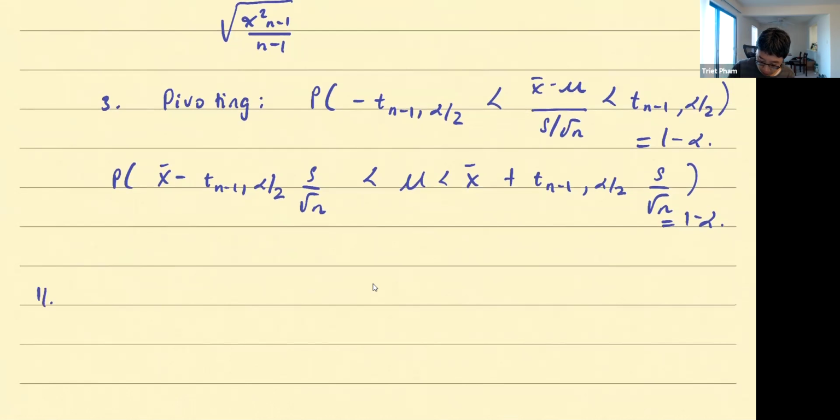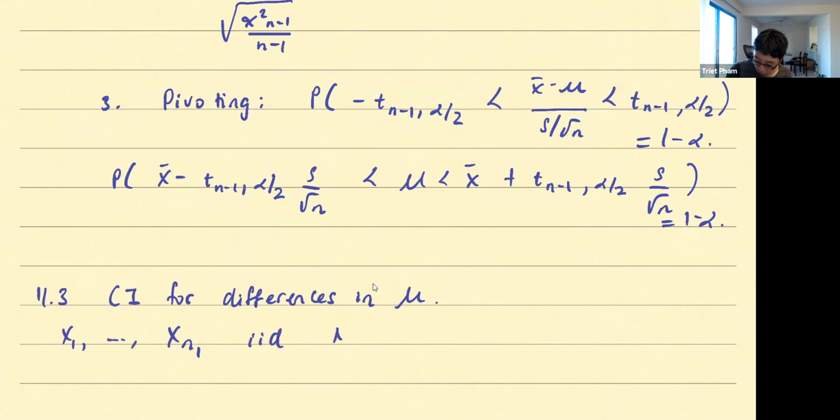So for 11.3, we want to look at confidence interval for differences in mean. Okay, and so the context is something like this. We have x1 up to x n1, IID normal mu1 sigma 1 square, and let's call this x with superscript 1, the first sample.